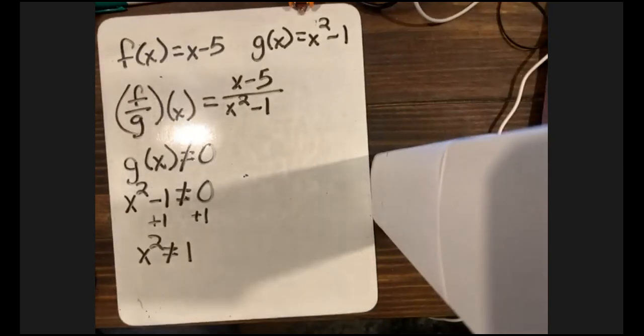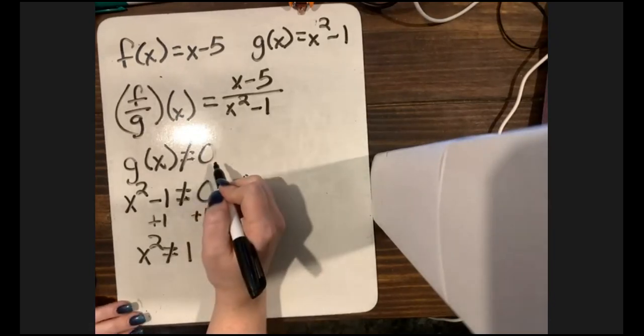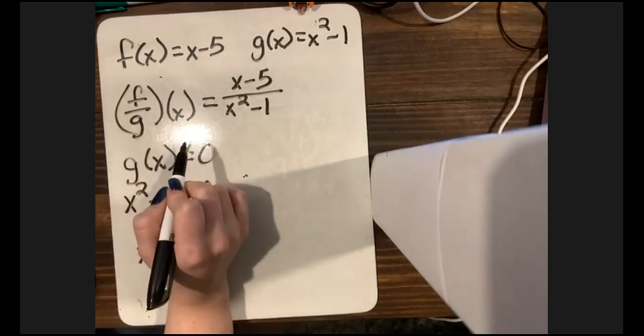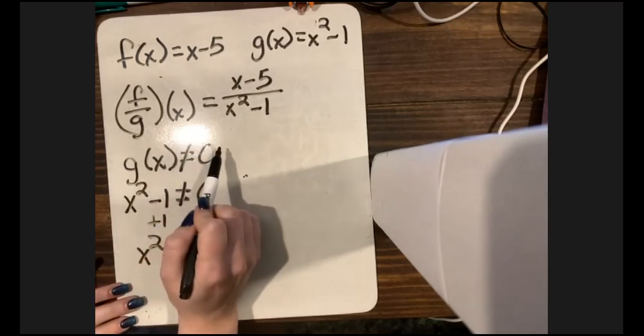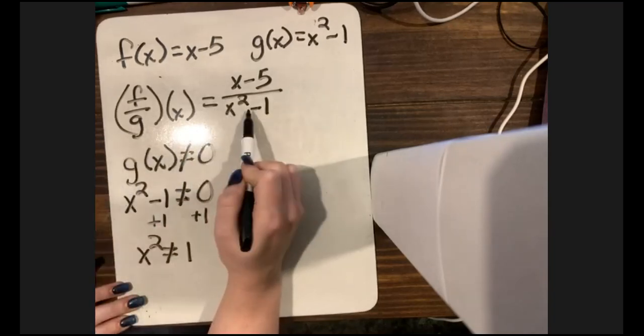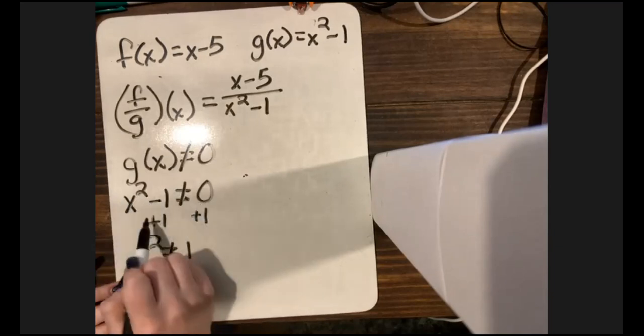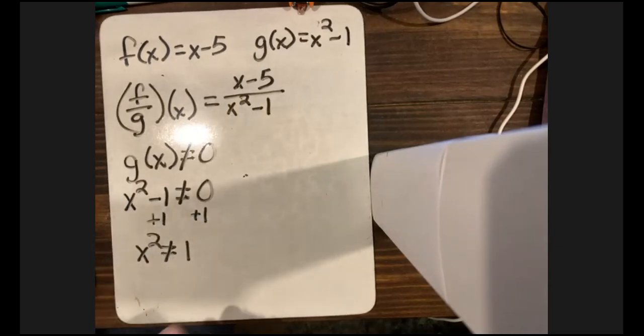Okay, so again, we can't let this denominator be 0. So we're going to set it equal to 0, add the 1, kind of similar to that first one we did.